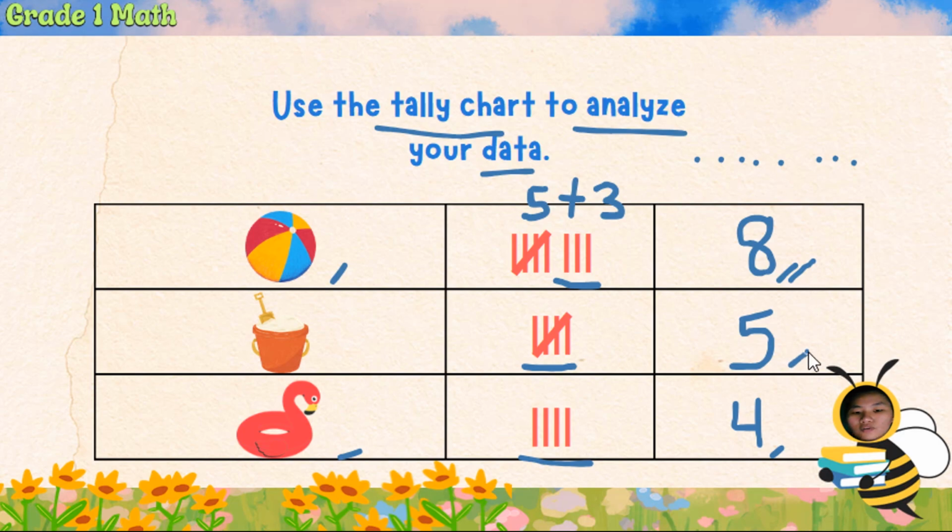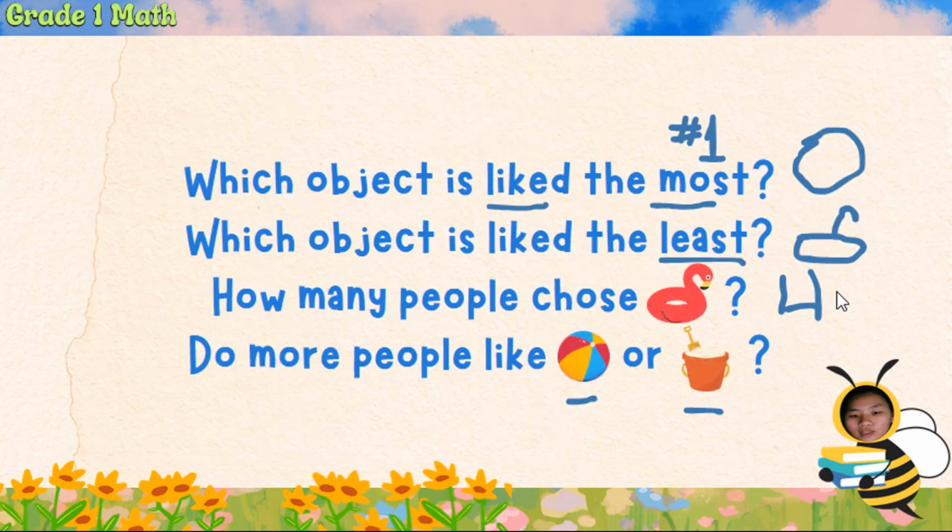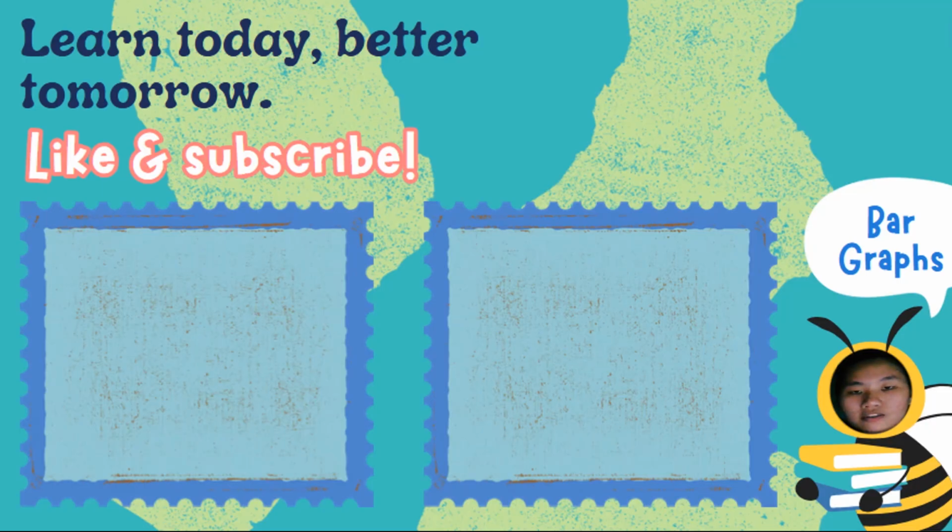Which one has more votes out of the 2? Obviously, it is the beach ball. People like the beach ball the most, and they also like the beach ball more than the sand bucket and the floaty. All right. Now, that's it for tally charts.